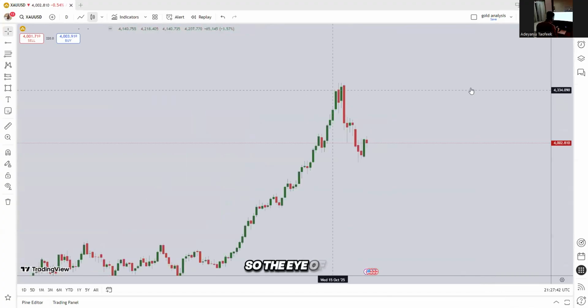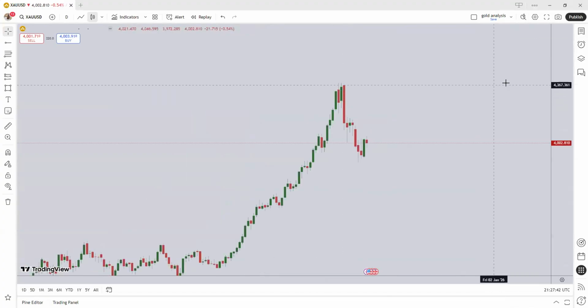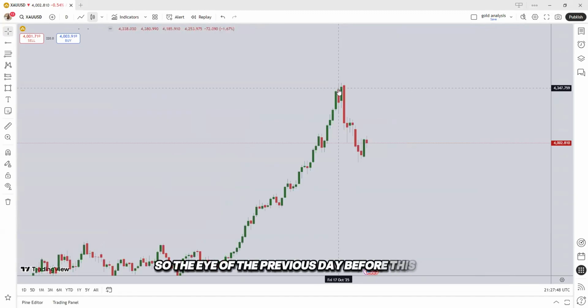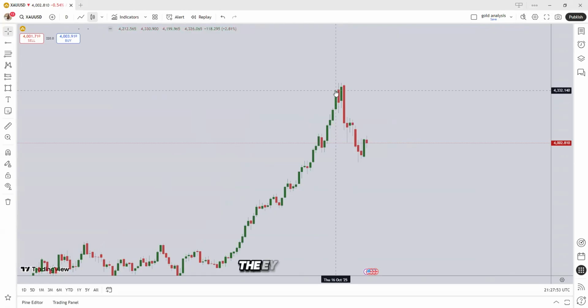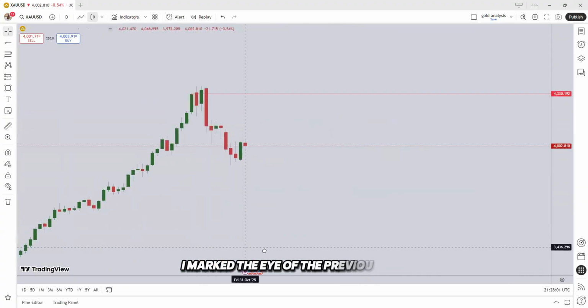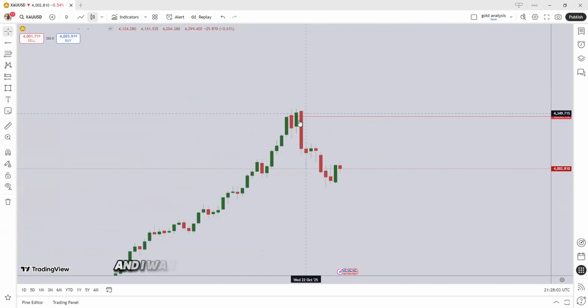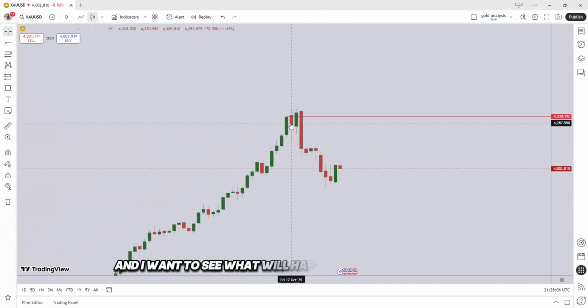The high of the previous day before this 17th October, the high of that day, if I mark it, I mark the high of the previous day, and I want to see what will happen. So the market opened up.